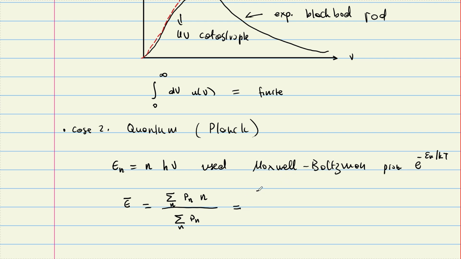And this can be calculated. So this is the sum over all n of epsilon_n e to the minus beta epsilon_n, and divide the entire thing by the sum of e to the minus beta epsilon_n. And I use beta to shorten 1 over k_B T here.